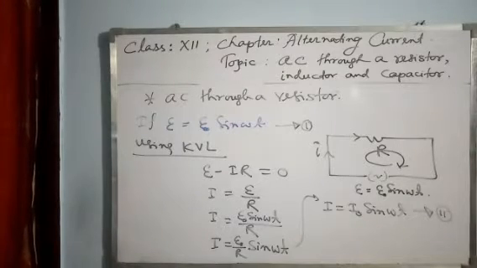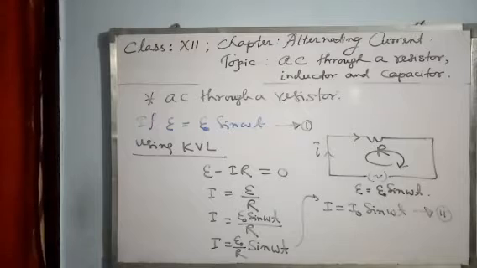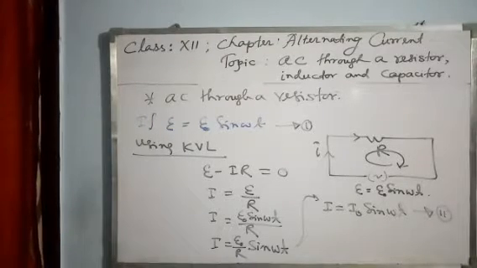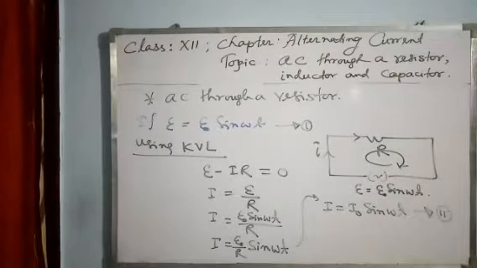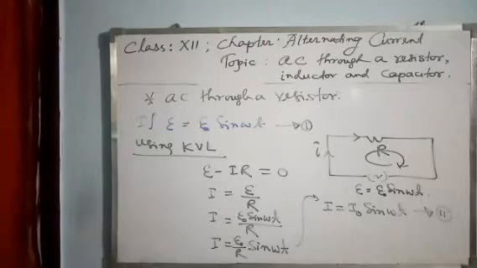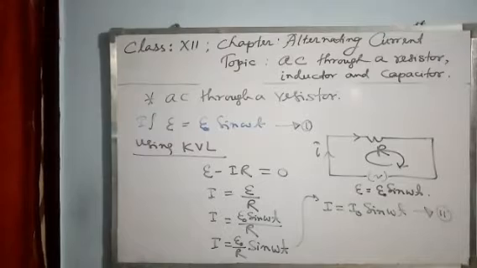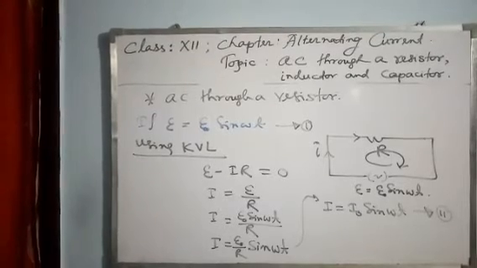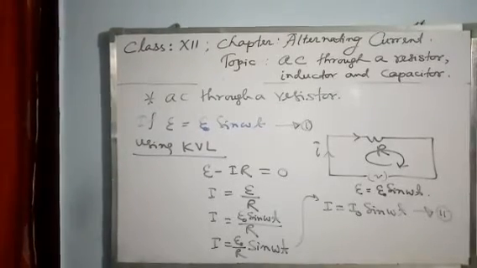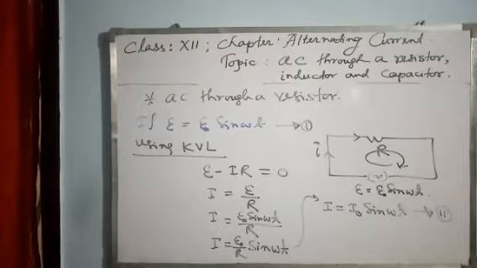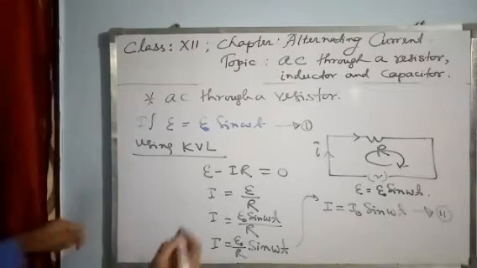Equation 1 says how the voltage is oscillating, and equation 2 says how the current is oscillating. E equals E naught sin omega t, I equals I naught sin omega t. Remember, both have the same frequency. That means they are oscillating at the same frequency. And remember, the part after the sine is called the phase angle.